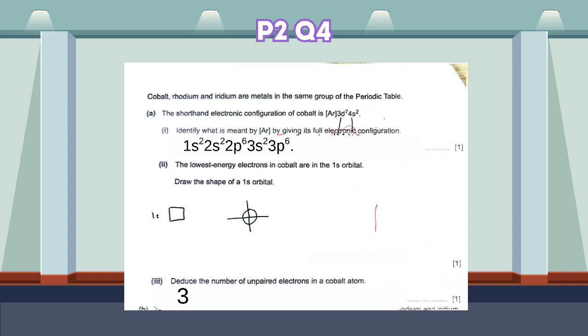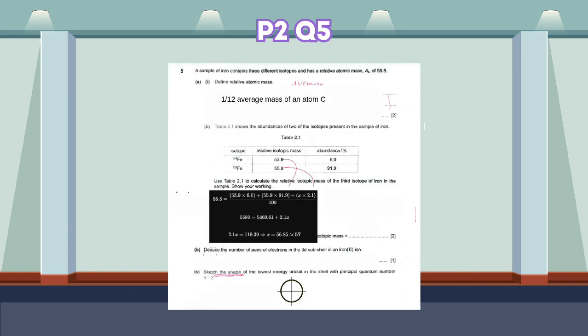And then for the A2, the lowest energy electrons in cobalt are in the first orbital. Draw the shape of the 1s orbital: a circle, and then deduce the number of unpaired electrons in a cobalt atom as 3.